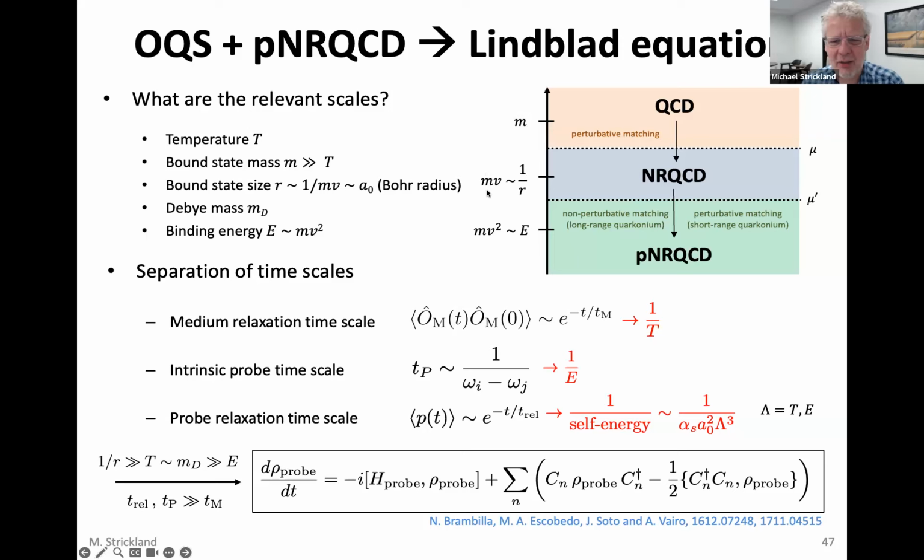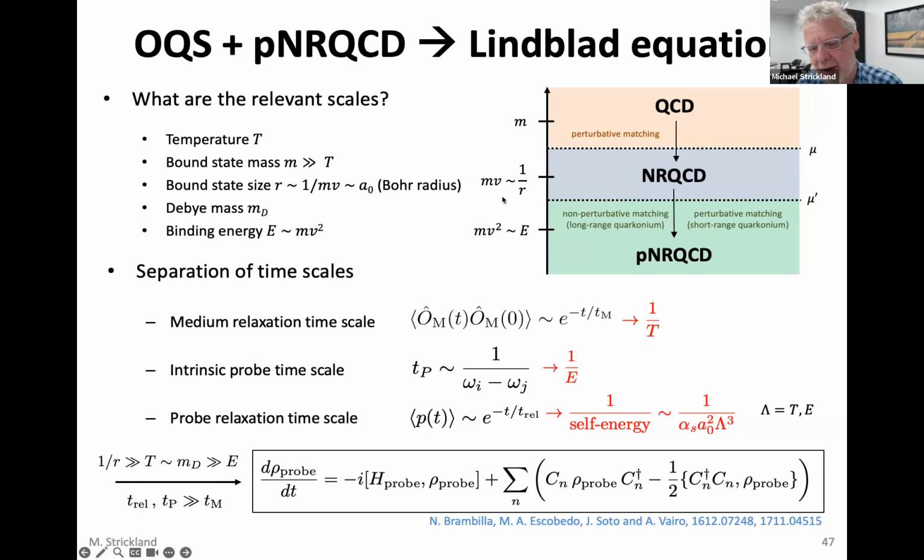If you know anything about hard thermal loops, this would be gT, but now it's v times M, where v is the small quantity that we're dealing with here, not g. And then there's an ultrasoft scale, which the analogy again would be g squared T. Well, this is now v squared times the hard scale. So it has a lot of analogies to hard thermal loops, which is why it was somewhat easy for me to segue into this. In this non-relativistic limit, v becomes the expansion parameter. It's small, and you have a large separation between these three scales.